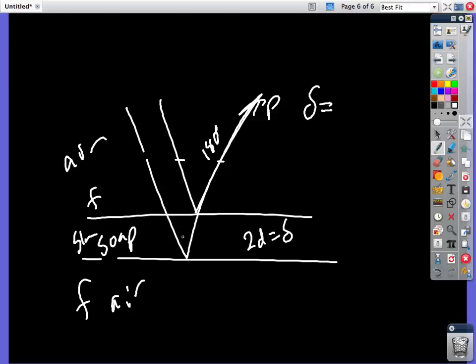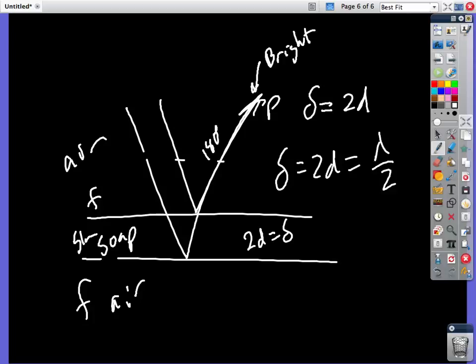So then if you look at the areas on the bubble that are bright, then we know that this path difference, that we know that's 2D, has got to be equal to lambda over 2. Because normally, path differences, like if it's bright, you would expect delta to equal what?